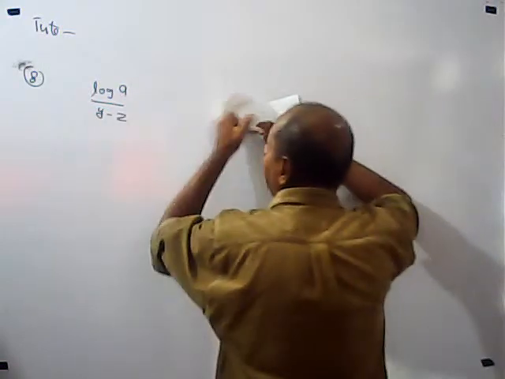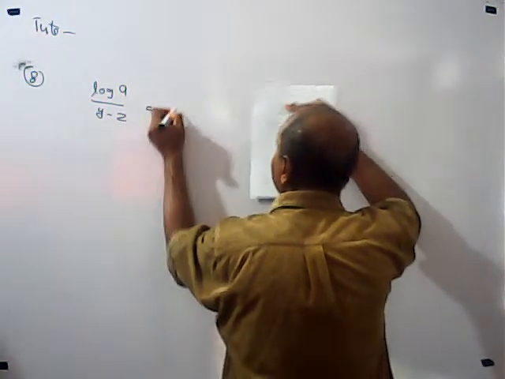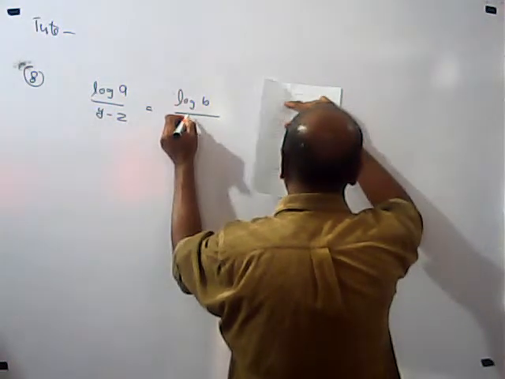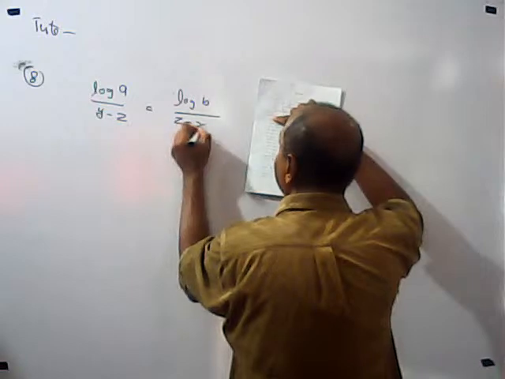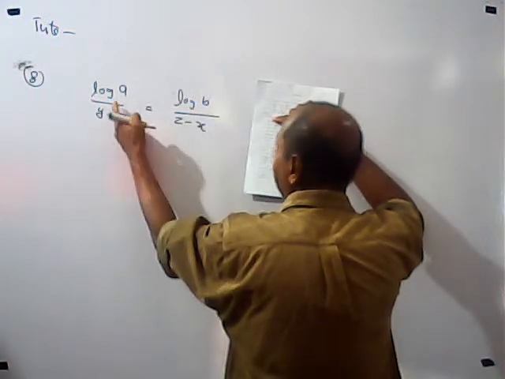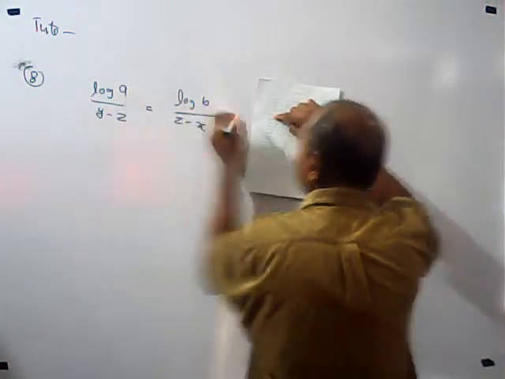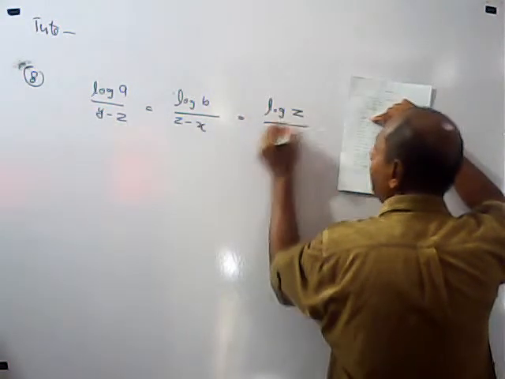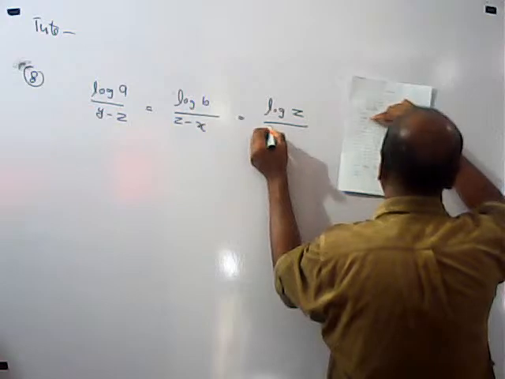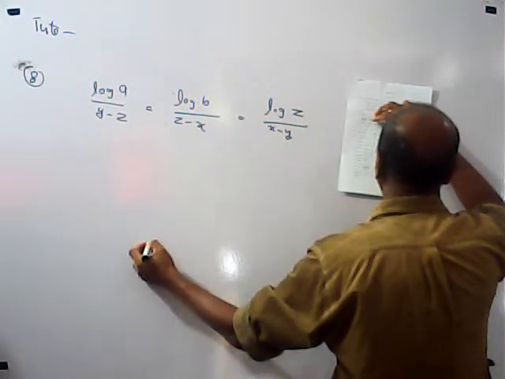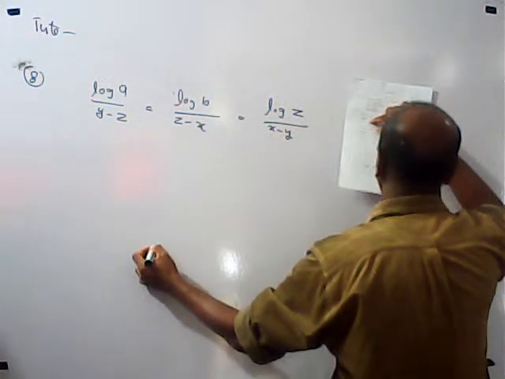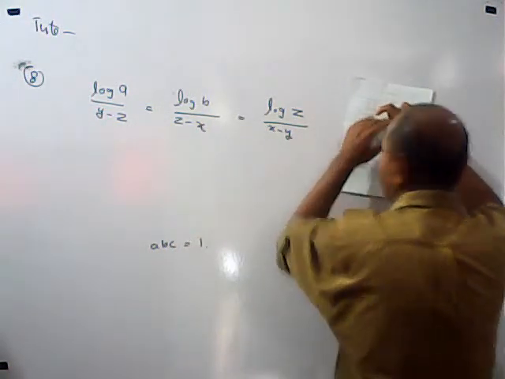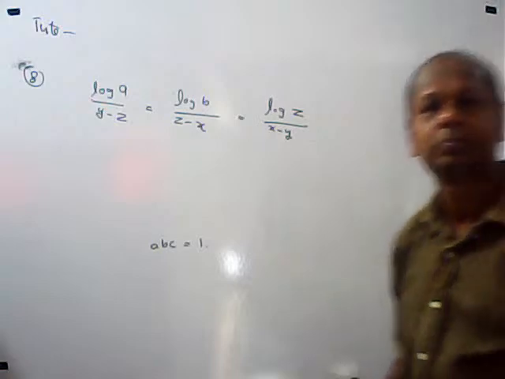Log a over y minus z equals log b over z minus x. Here again the base is not mentioned, so it has to be the same as in the other one. Log c over x minus y. You are asked to show that abc equals 1.